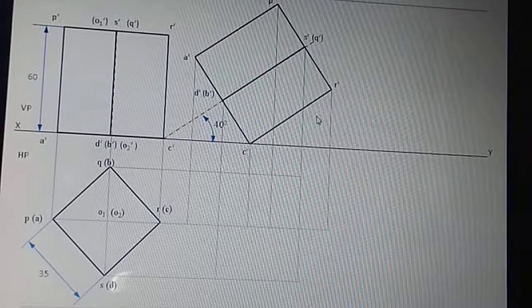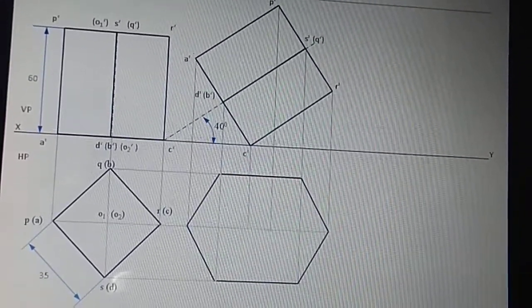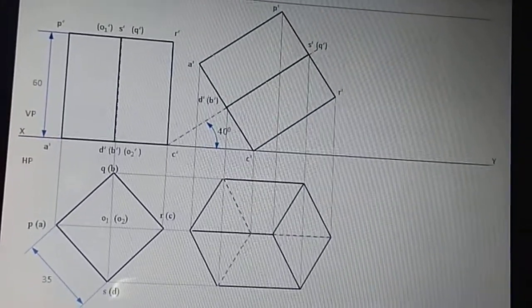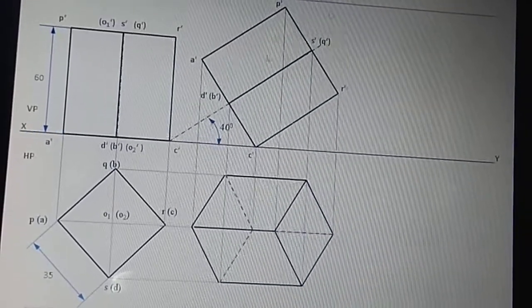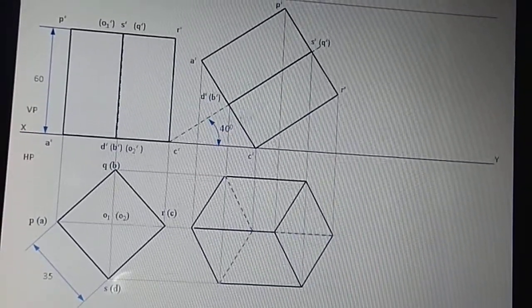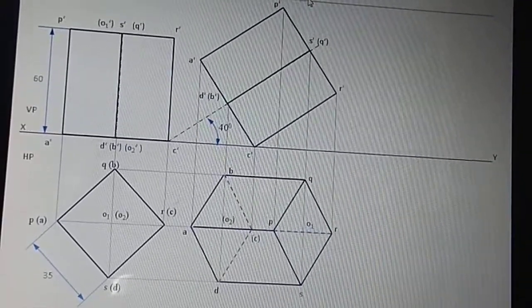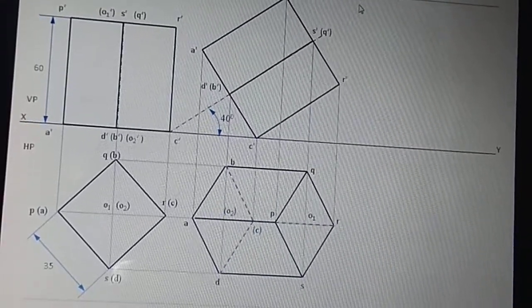Then you project the top view of the first position towards the right. You get the intersection points, so then you can join the respective corners. So in the second position, tilted at an angle of 40 degrees, when you are viewing from the top, this top face is clearly visible.